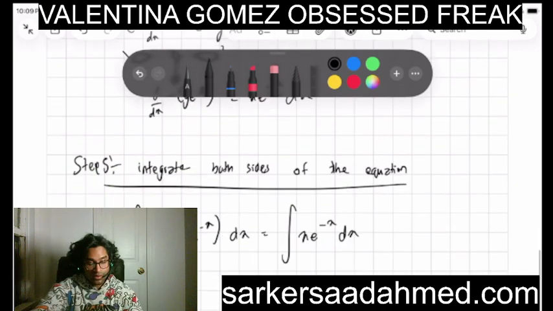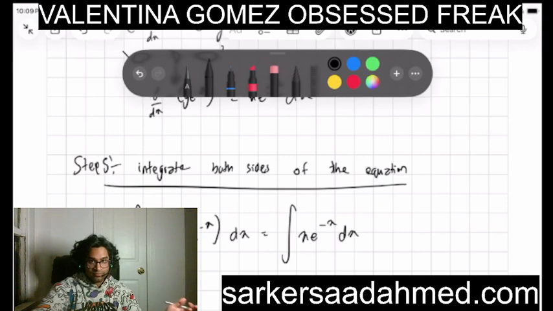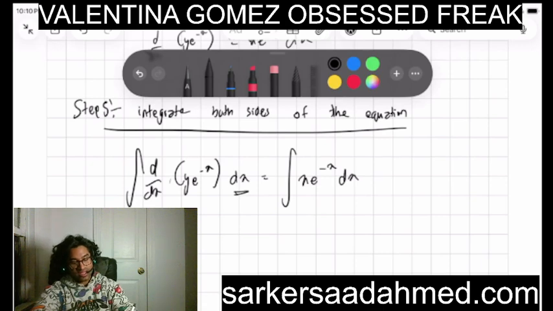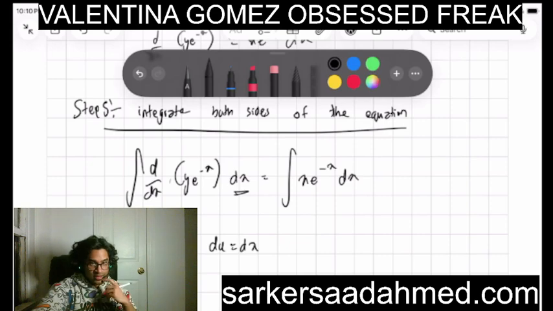So how do you integrate that? Now we have a dx here, right? So now if I use the u and v rule, do you remember the u and v rule? If I say that u is equal to x, then du is equal to dx, right?